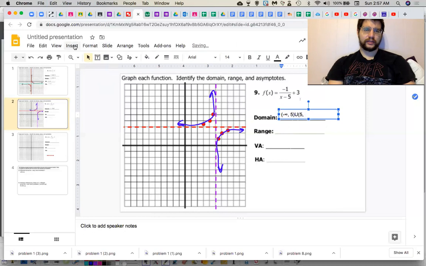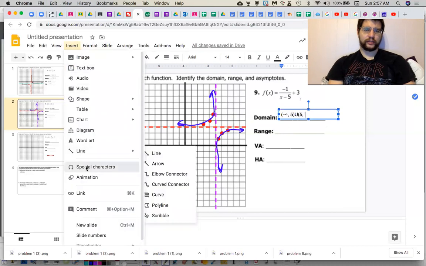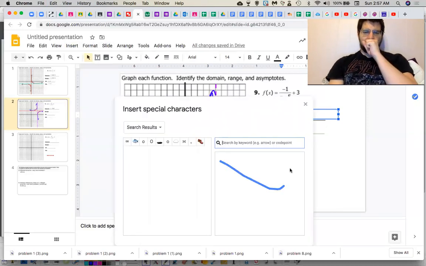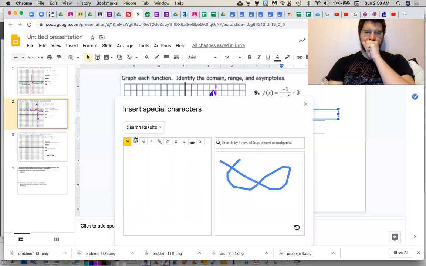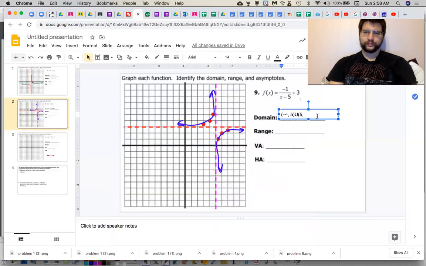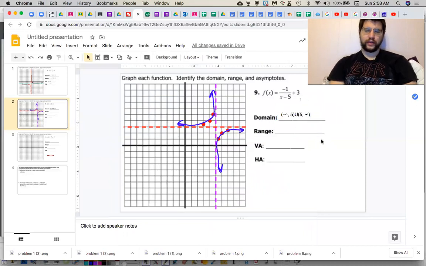You go to insert symbol, special character writer, and you draw it, and there it is. The range, negative infinity to 3.